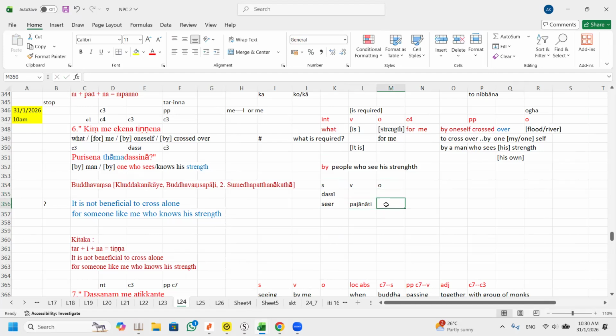Strength is the object, balam. A seer knows his strength. That means a person who knows his strength. But in this way, because you see a purisa, by a person who sees and knows, in this case, sees and knows, you can put see and know his strength.